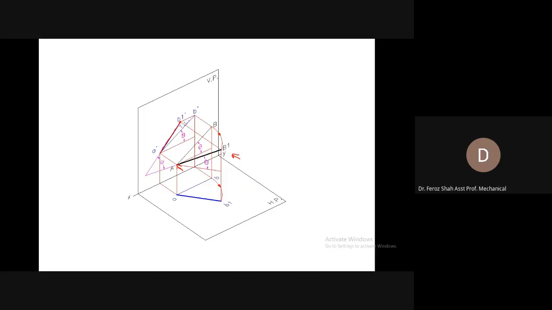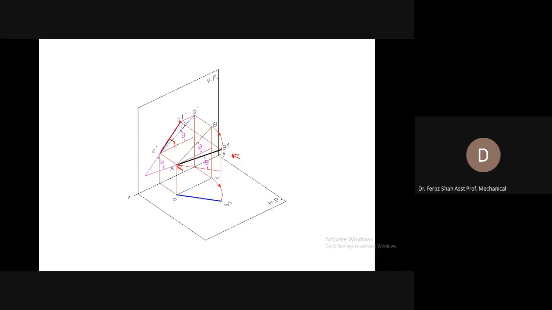And look at the angle theta that it was making with the XY reference line while it was of true length. Now, as the line has been made inclined to the vertical plane as well, you haven't changed the inclination of the line with the horizontal plane, that remains the same, but you have made it inclined to the vertical plane as well.